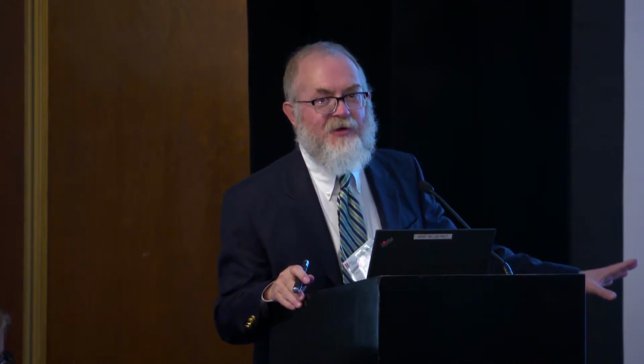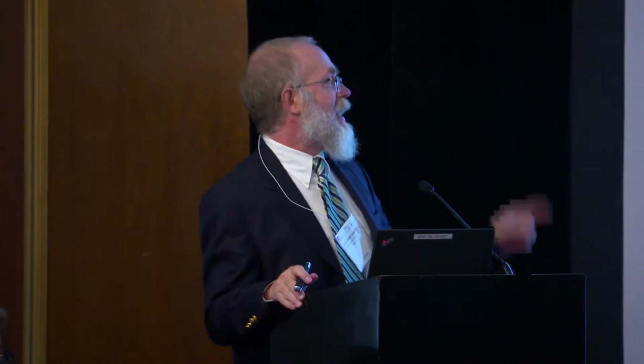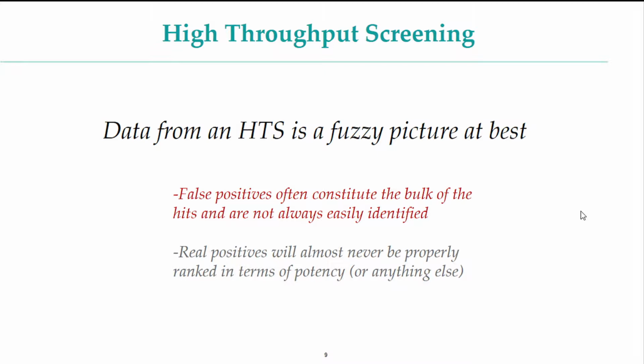It's always a happy Christmas morning after a high throughput screen. But a lot of the presents are going to turn out not to be what you thought they were. And the real positives are not going to be ordered, so the best hit you get is probably not going to be your most active compound. They're not going to be ordered by potency or anything else. So making sense out of this the right way is critically important.